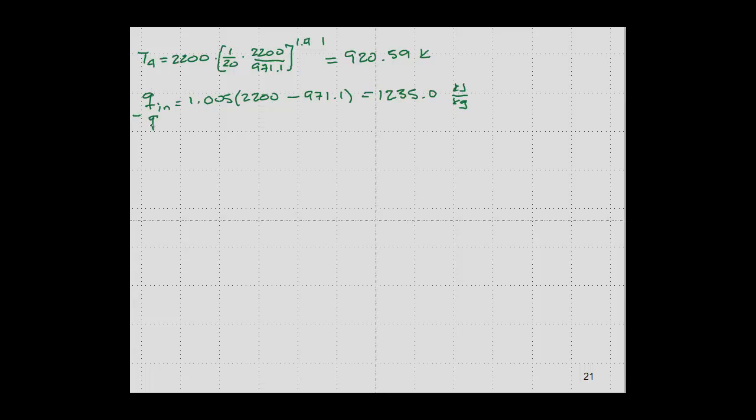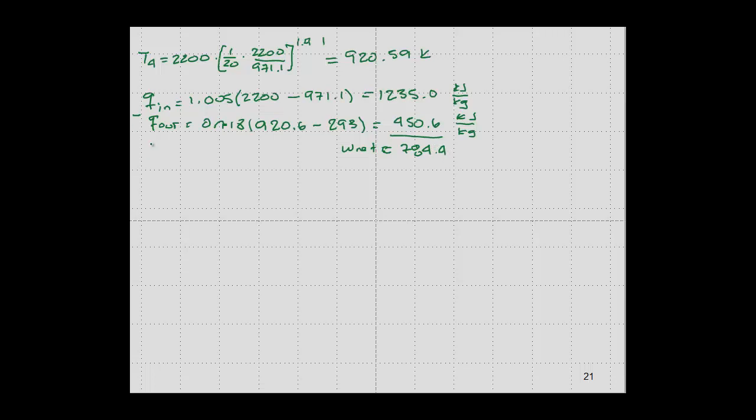Net work is Q in minus Q out, again in kilojoules per kilogram, so that is 784.4 kilojoules.